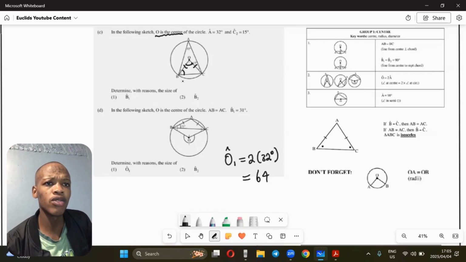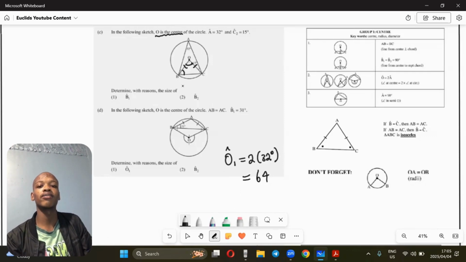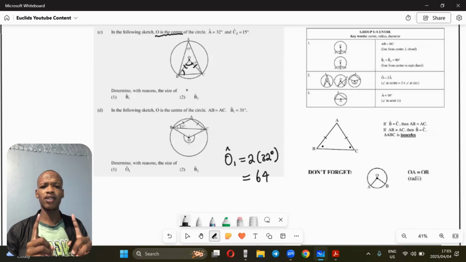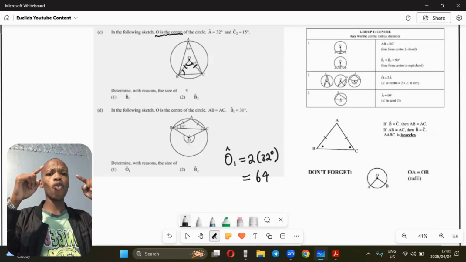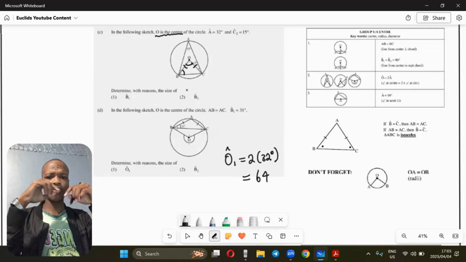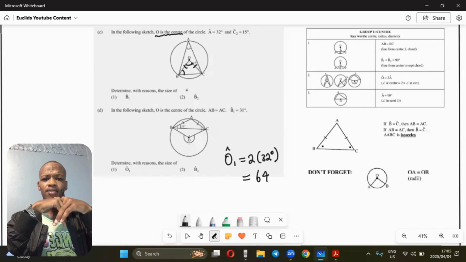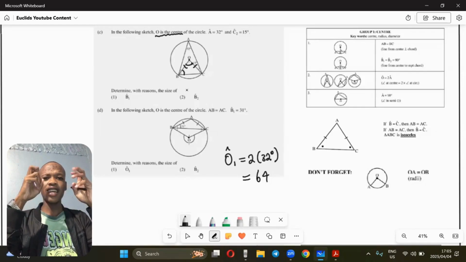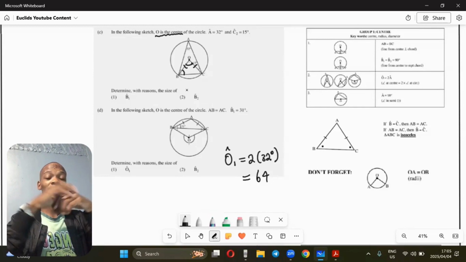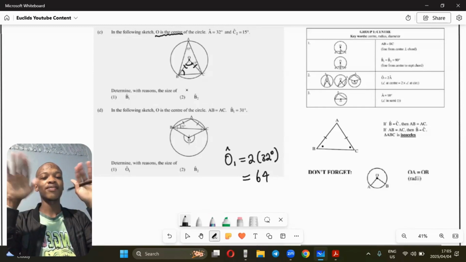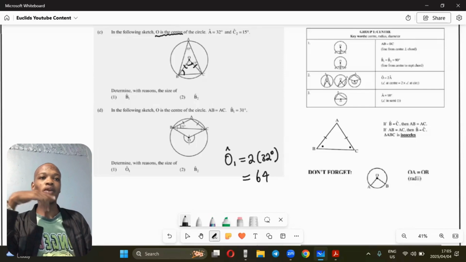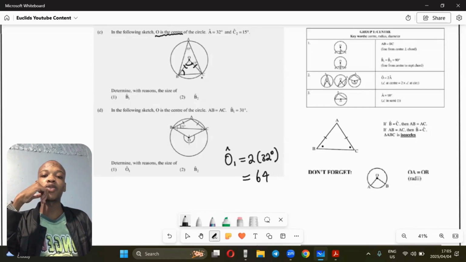So how do we work out B1 and C1? Angles that are opposite equal radii are equal, which means B1 is equal to C1, so they are going to share the same value.